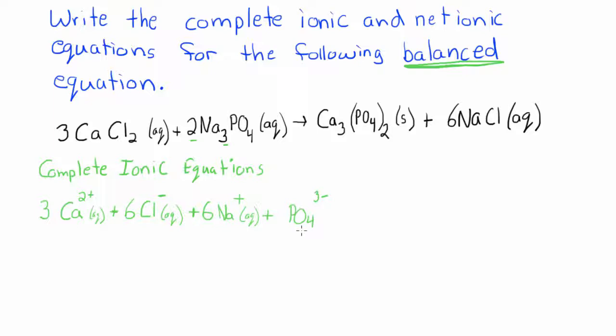So I can look at my table of polyatomic ions and I'll see PO4 has a 3- charge. Now, how many would be floating around? So you look at the coefficient, and there's 2 of them in this balanced equation, so there should be 2 PO4s. Because there's only 1 PO4 in the compound, but there's 2 of the compounds.